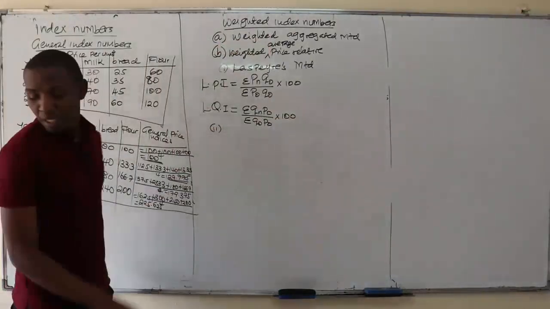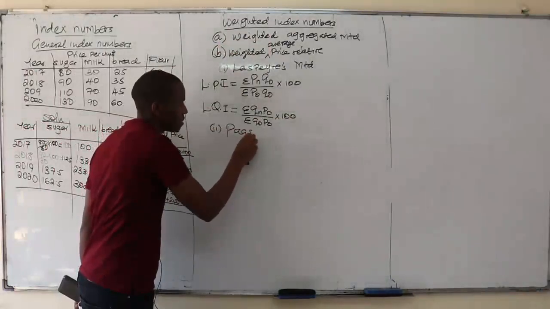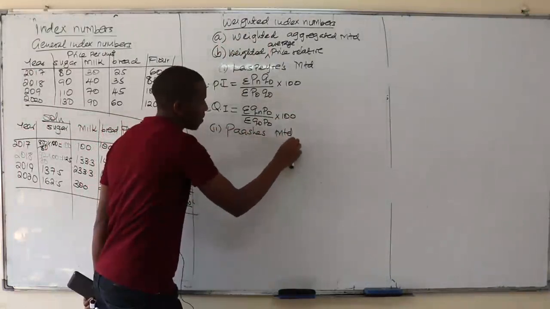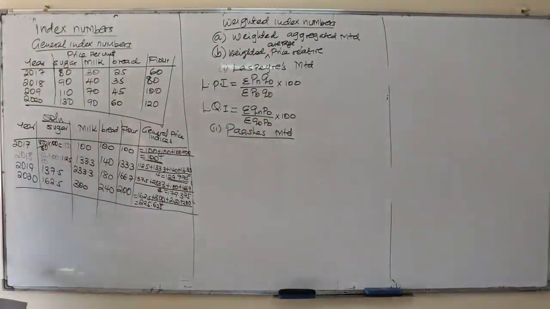Now, method number two is what we call the Paasche method.